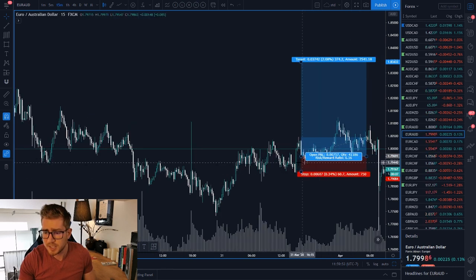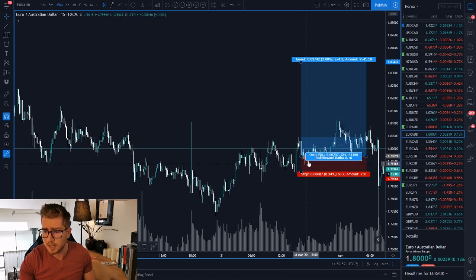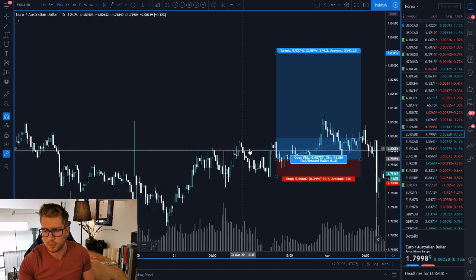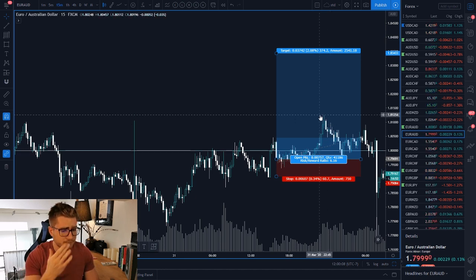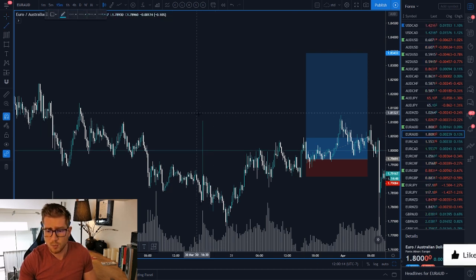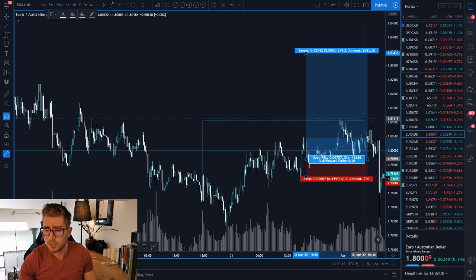And basically I was just entering on the retest of this demand explosive move out here. It was a little bit higher, a little bit lower maybe, but it's really not that important. Now, after it started moving in my favor, I started saying, well, maybe I want to take some profit. So we looked here, we saw this wick right here, and we saw that it closed below it.